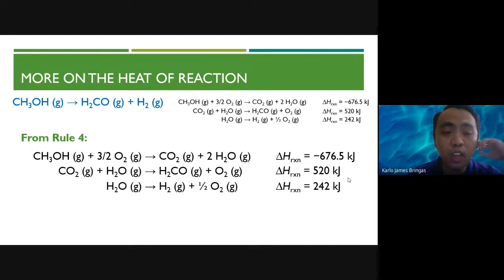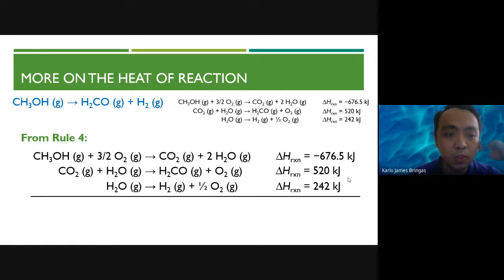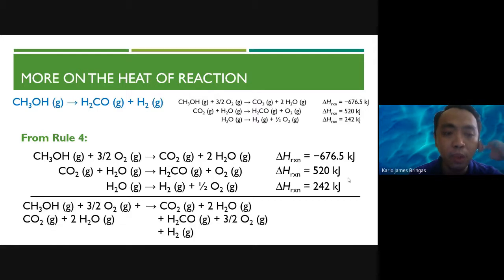Now, all we need to do, according to rule number 4, is we just sum up all of the reactants and all of the products together. So summing them all up, we get the following.